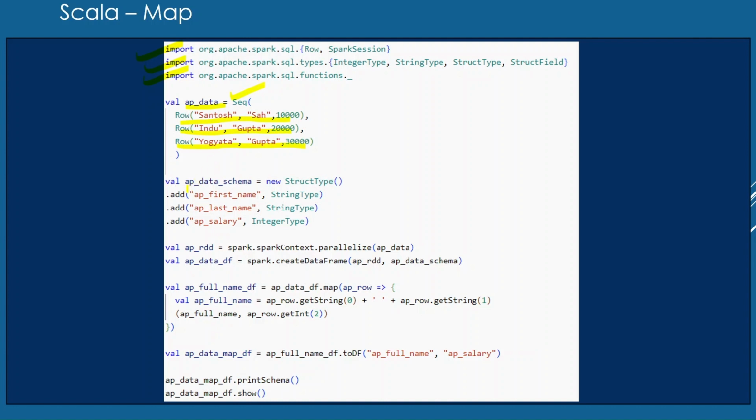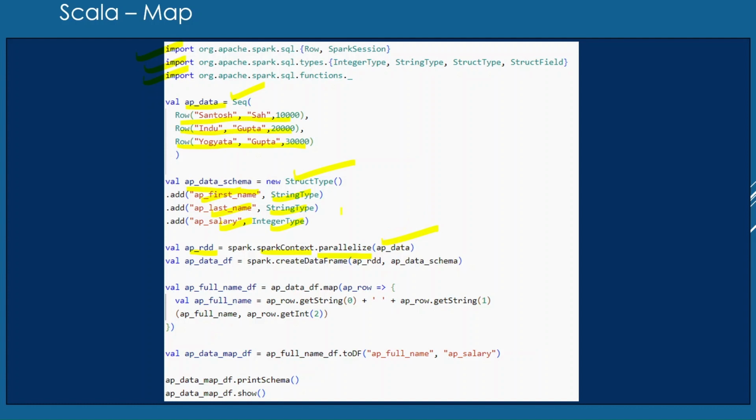I am creating a custom schema with the help of a StructType, and I am adding three columns and their data types: AP first name, AP last name, and AP salary. Then I am creating an RDD object with the help of the parallelize function, which is present on the Spark context, by passing an object which contains the data.